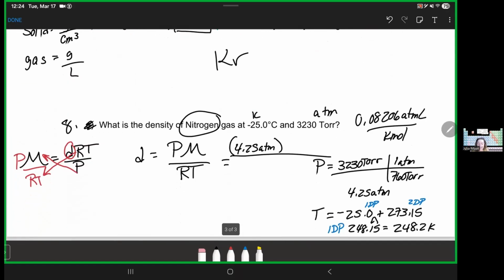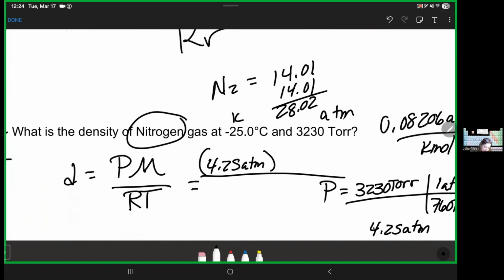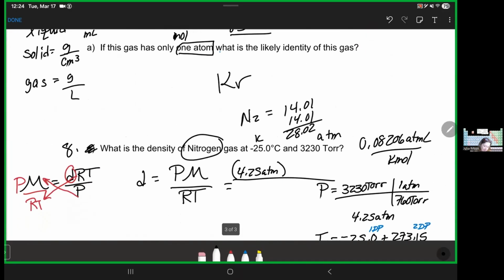Here we know the gas, so our molar mass is nitrogen times 2, 14.01 plus 14.01, right? So it's 28.02 grams in 1 mole on the bottom.